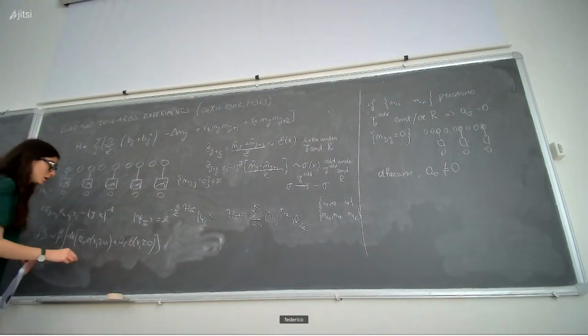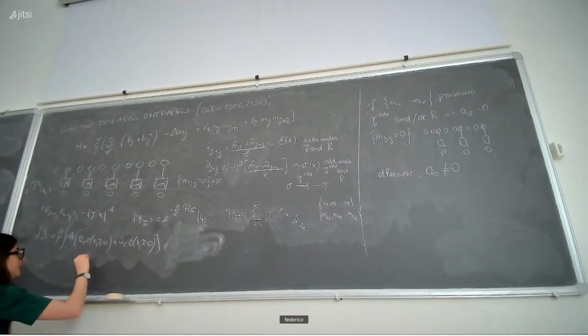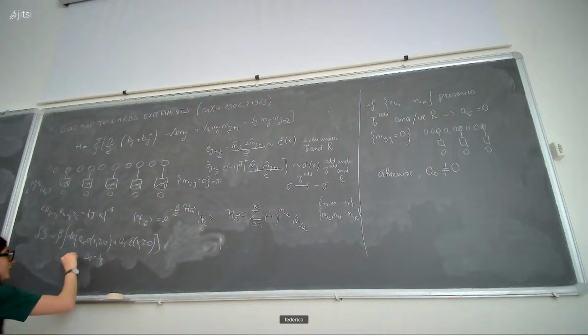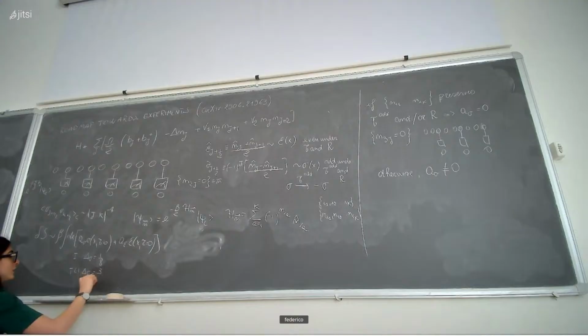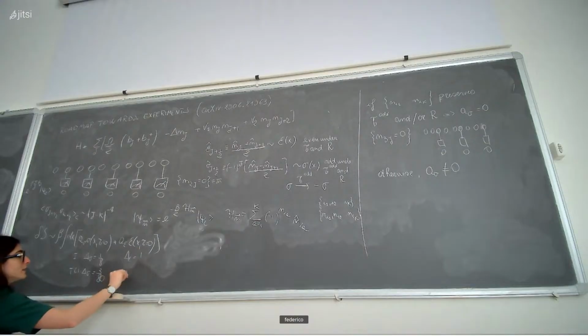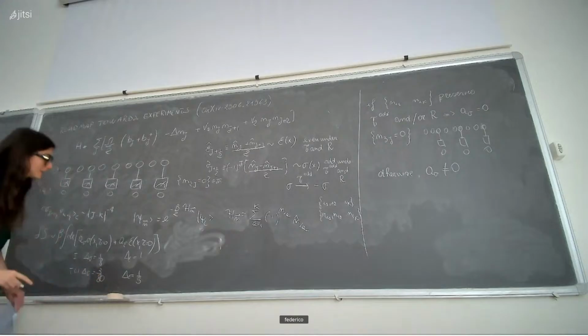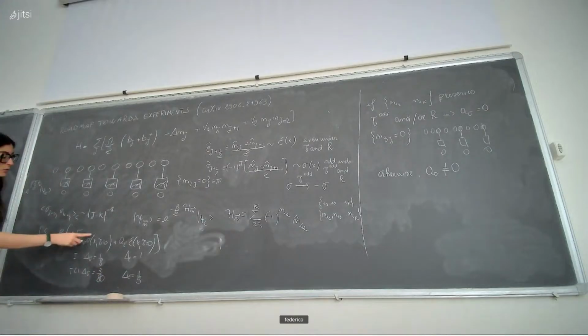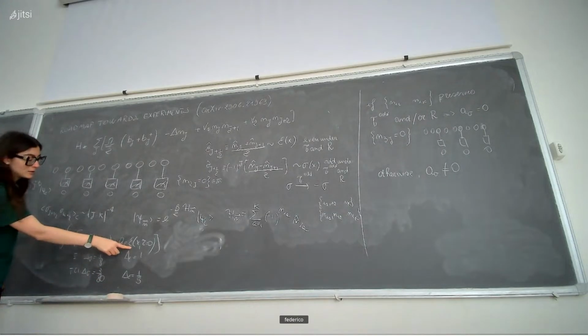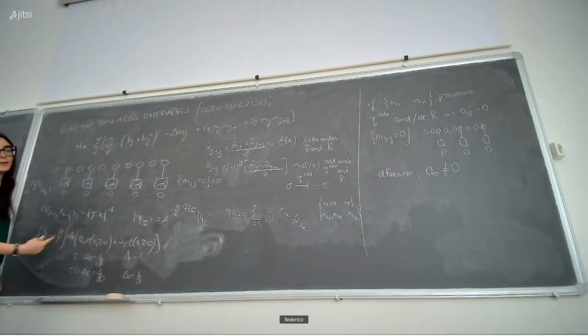For Ising, delta sigma was 1/8, and for critical Ising, delta sigma was 3/80, while delta epsilon was 1 for Ising and 1/5 for critical Ising. So since sigma is more relevant than epsilon, basically this is the one that dominates.